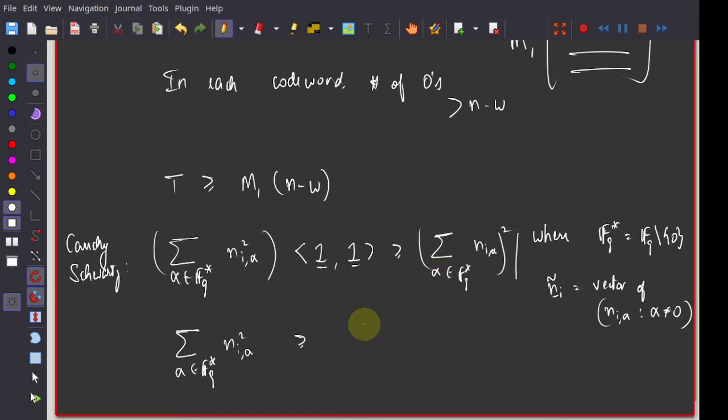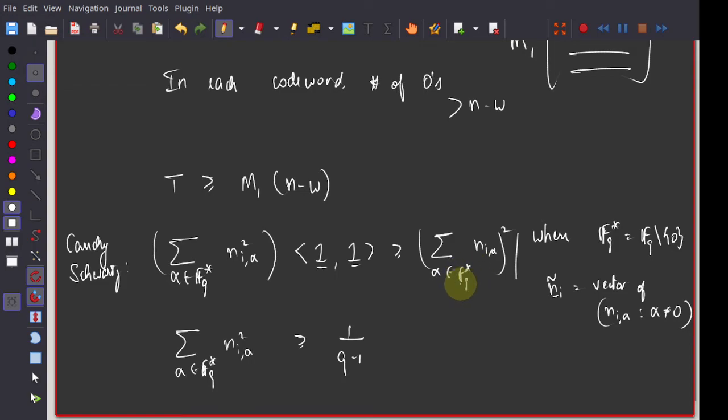Let me take it to the other side, so I get 1 by q minus 1 times the sum over alpha of n_i,alpha squared. But what is the sum equal to? It is not M1 squared, right?